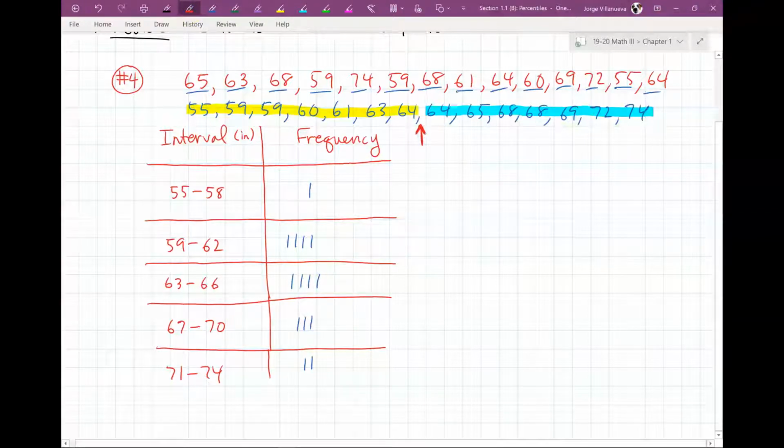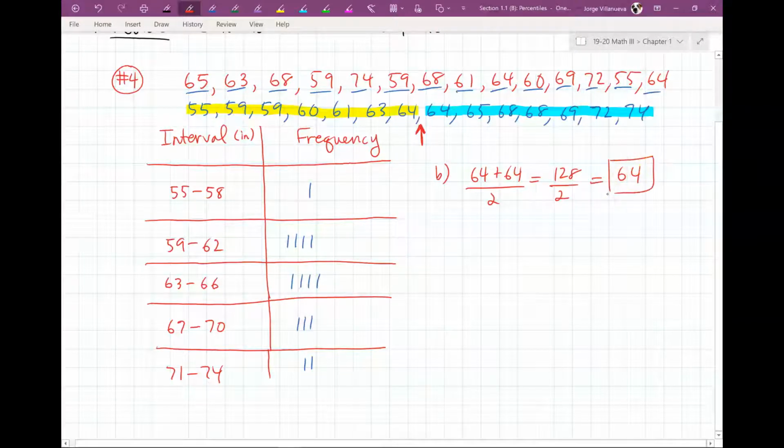But it's not. But since 64 and 64 are to the left and to the right of that missing number, what do you think the number in the middle would be? It's going to be 64 because remember the way we find the median, we're going to get 64 plus 64 divided by 2. That's 128 divided by 2, which is 64.